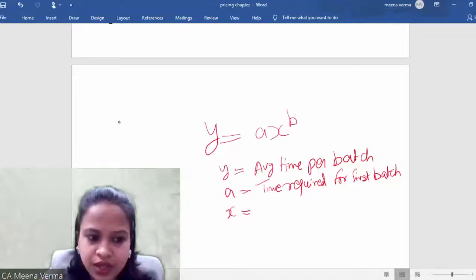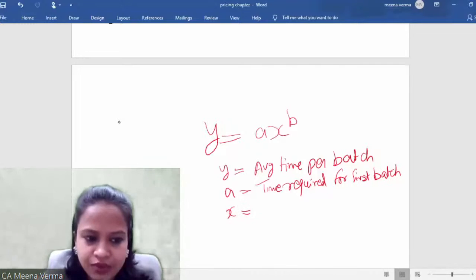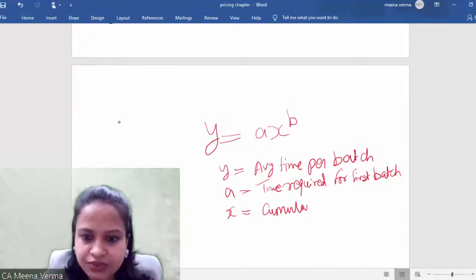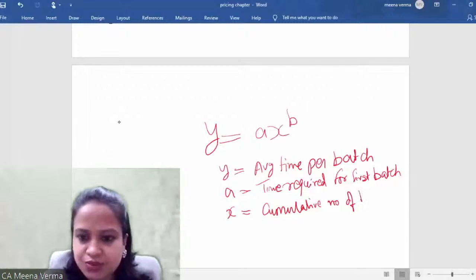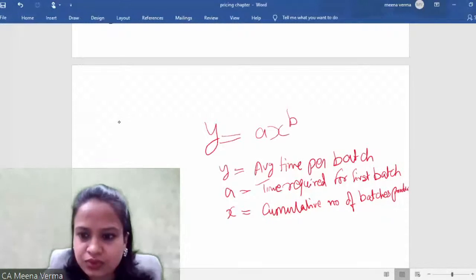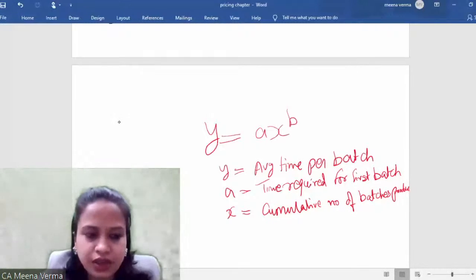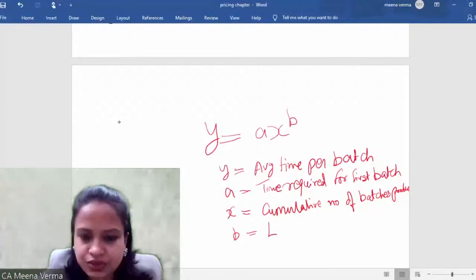X is what? X is the cumulative number of batches produced. And b is what? The learning coefficient.